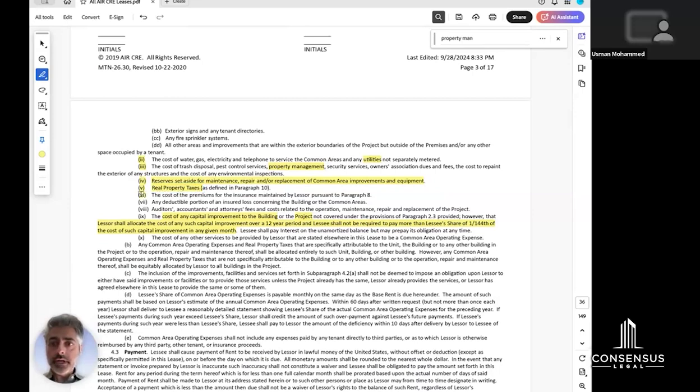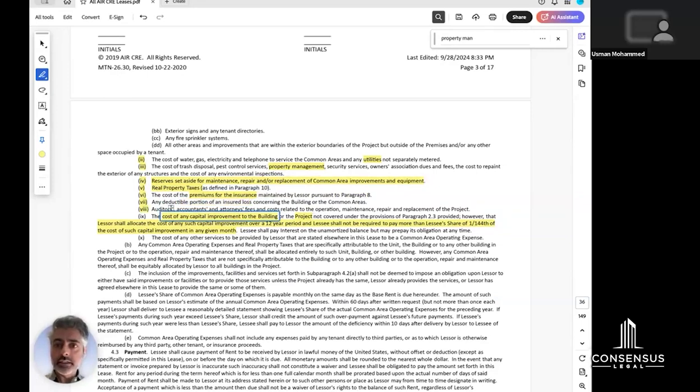The next item, item 6, the cost of premiums for the insurance maintained by lessor. This is the third bucket. Lessor can pass through insurance premiums to lessee. Item 7, if there's an insured loss, some type of casualty, lessor can pass through the deductible.